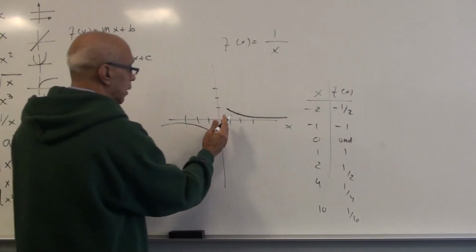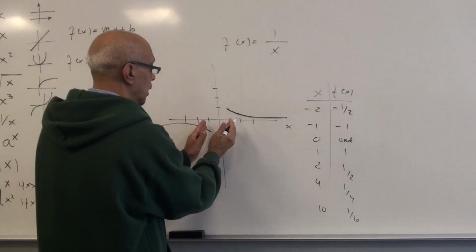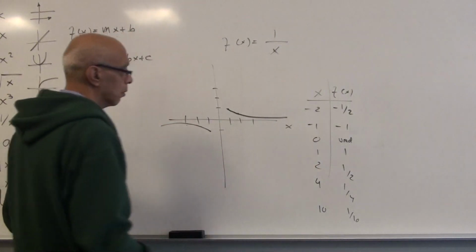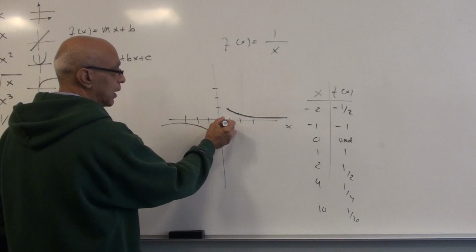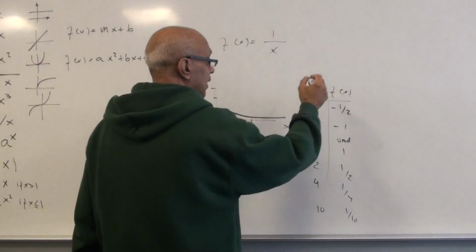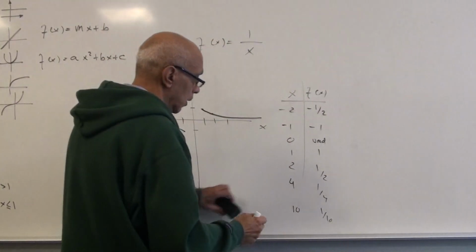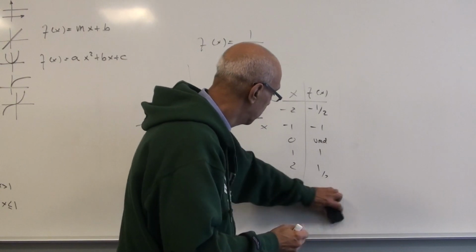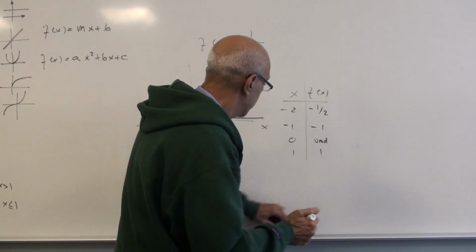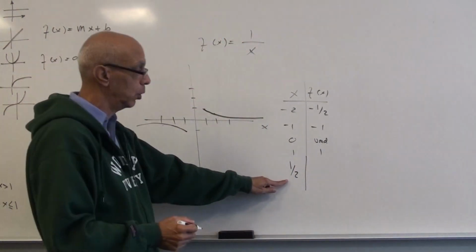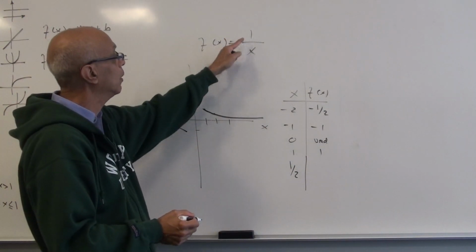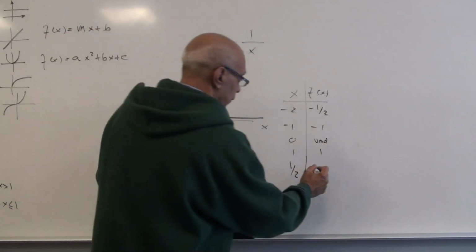Now let's analyze this area here between -1 and 1. What do you think is going to happen? Well, let's think about when x is half. When x is 1 over 2, what is the value of the function? 1 divided by 1 over 2 is 2.